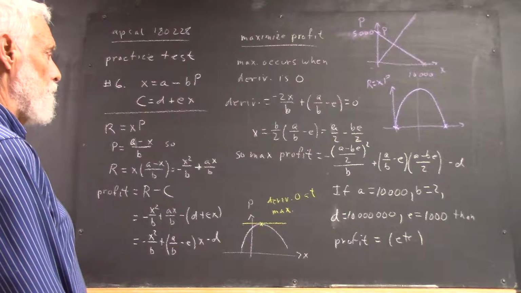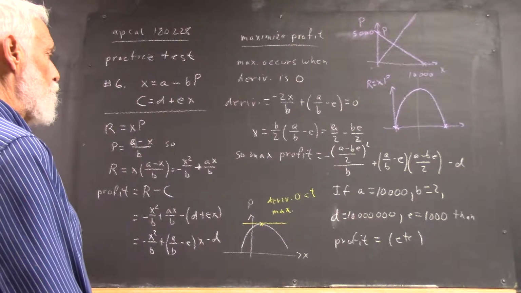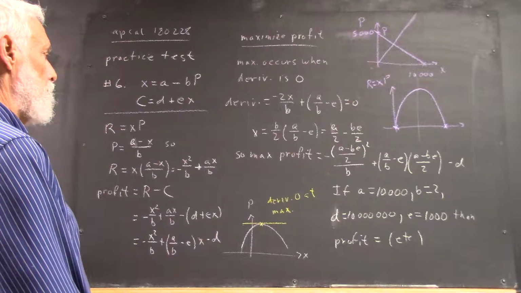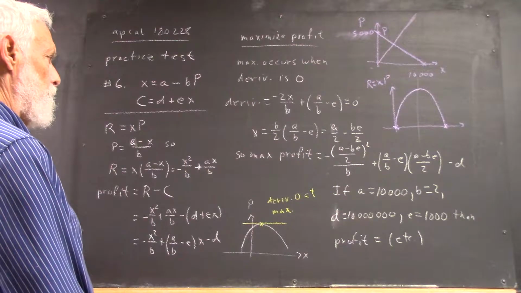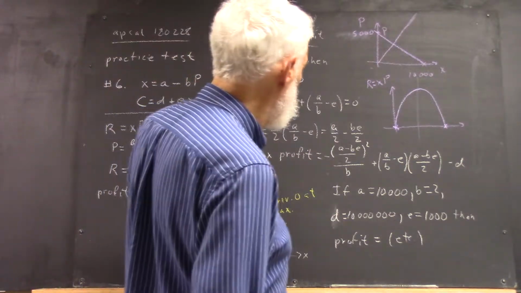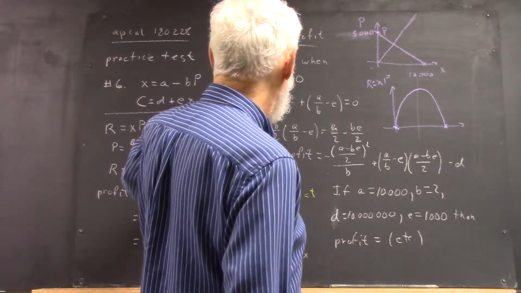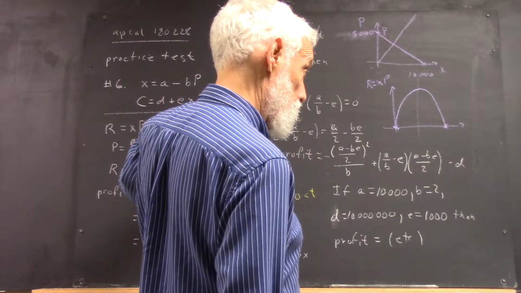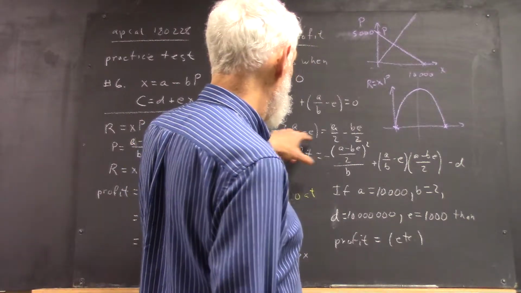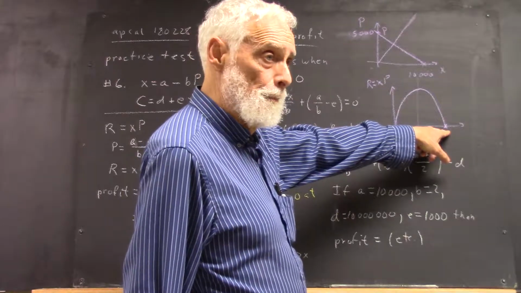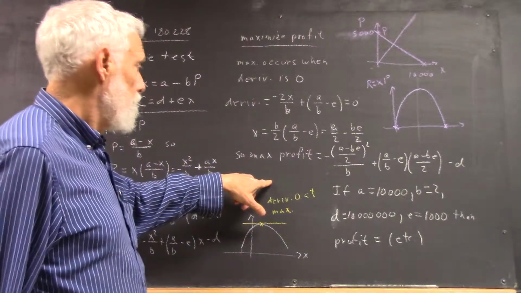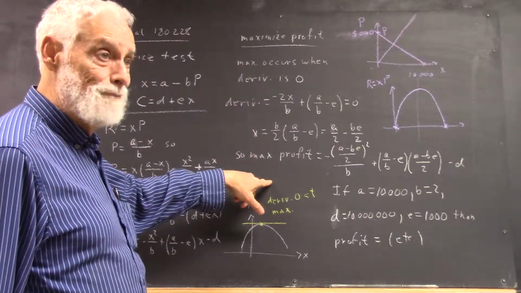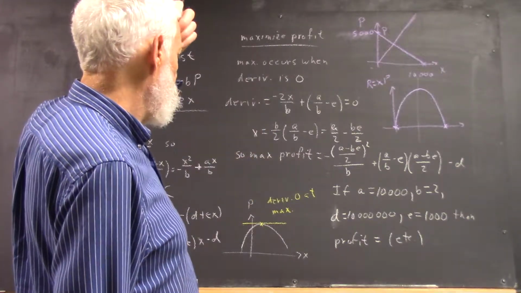Something must be wrong with my value of x that maximizes the profit, because it looks like this value is probably here. So I must have done something wrong in this, a sign or something.